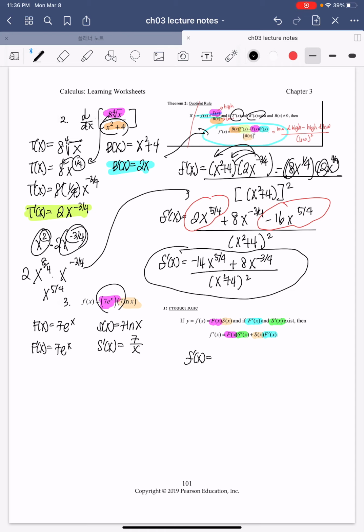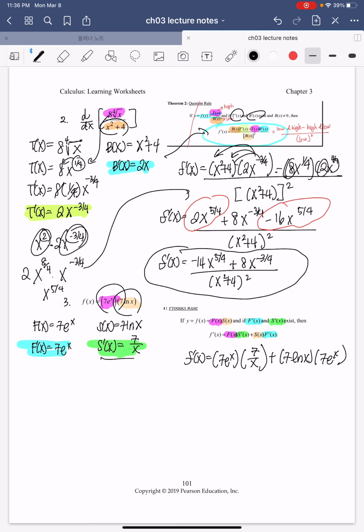Pink term, which is over here, 7e to the x. Green term, which is this one over here. Let me also do that, and then this will be this one. Green term, 7 over x, plus orange, which is right over here, 7 ln x, and then blue term, 7e to the x.